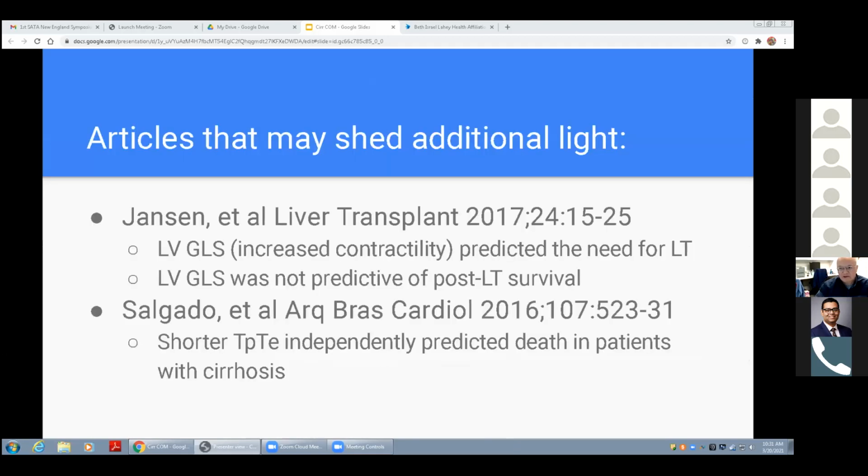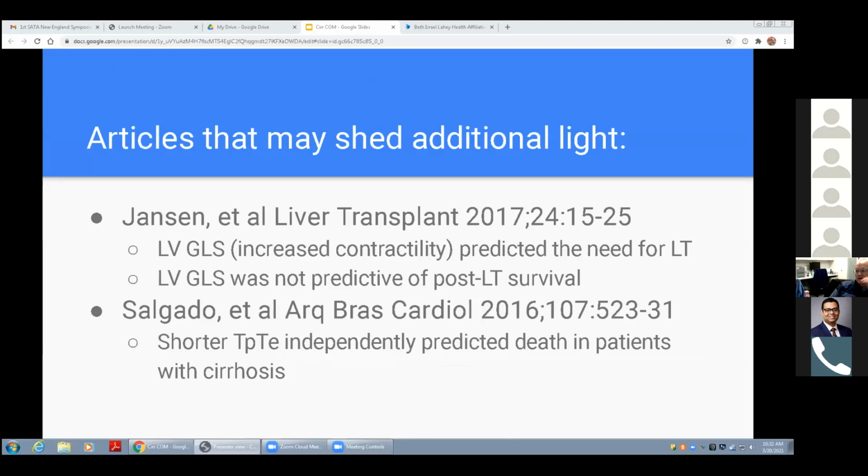Before I get into that, there are a couple of articles I want to review that highlight the issues discussed in the previous slide. The first article, Jensen's article, highlights the potential for a contemporary measure of contractile function, specifically global longitudinal strain, to identify listed patients at risk for decompensating and therefore needing transplant.